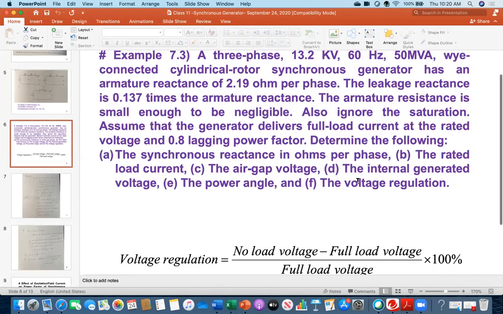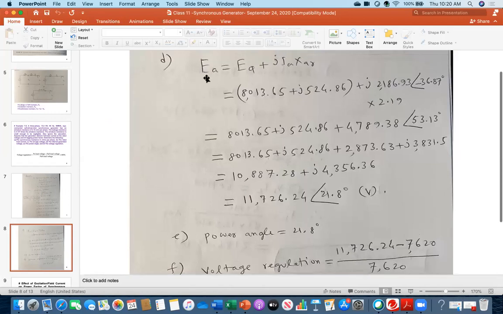Now there are two more questions, power angle and finally the voltage regulation. For the power angle, keep in mind the angle with the EA, this means the internal generated voltage, is called the power angle. Sometimes it is called the torque angle. So the power angle or torque angle is the angle which is available with the internal voltage.